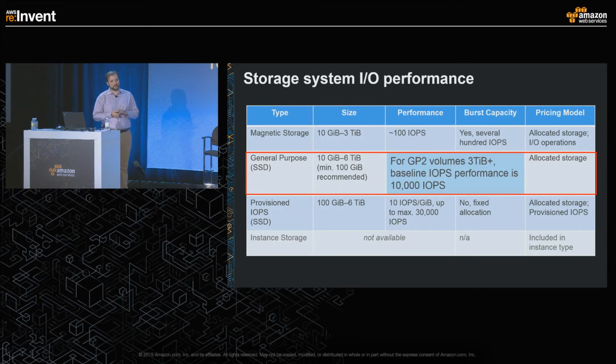And so GP2 is definitely becoming a good alternative to the next storage type that I'll be talking about, which is provisioned IOPS. Provisioned IOPS are our high-end storage type, and it comes in varieties from 100 gigabytes to 6 terabytes, and you can allocate up to 10 I/O operations per gigabyte reserved, and your performance of the storage volume can go up to 30,000 provisioned IOPS.